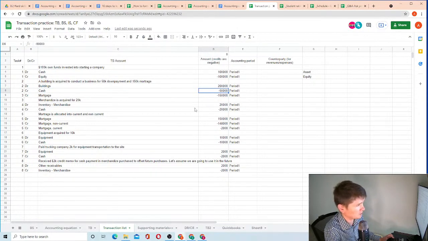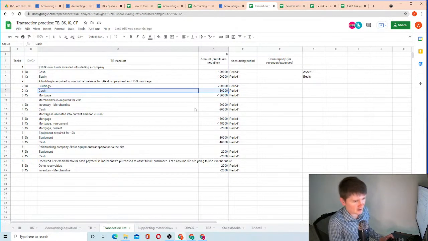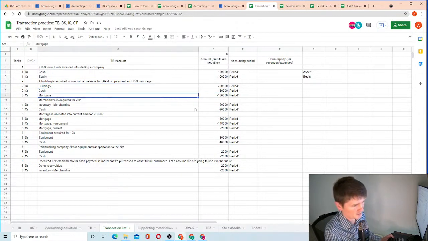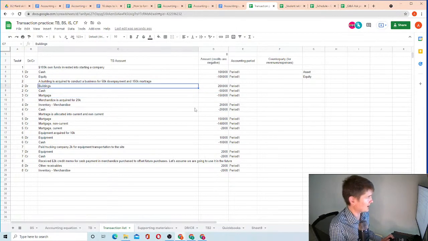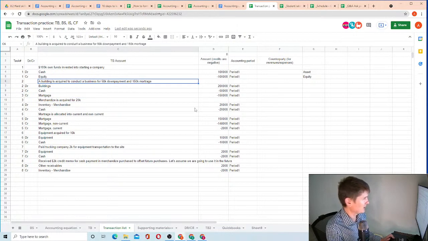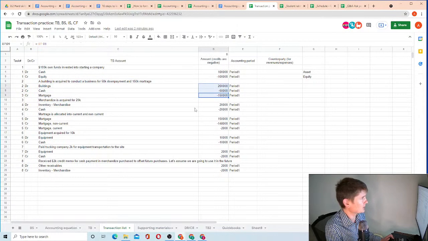So we need to remove $50,000 from our books. And we also got a liability to the bank, which is the mortgage. And that liability was for 150,000. And our entity now balances. So the entity balances to 0.